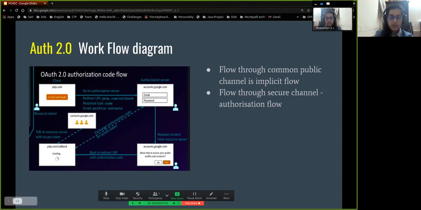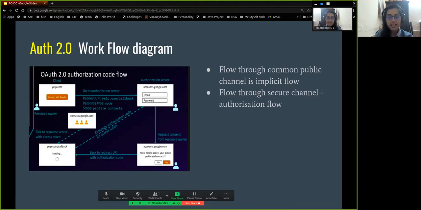The authorization code is passed by Yelp back to the authorization server in return for an access token. Now the access token is again sent to contacts.google.com, and it would check if the access token is valid and then permit Yelp.com to access a particular resource. Now, if you see, the solid lines represent an implicit flow and the dotted lines represent an authorization flow.